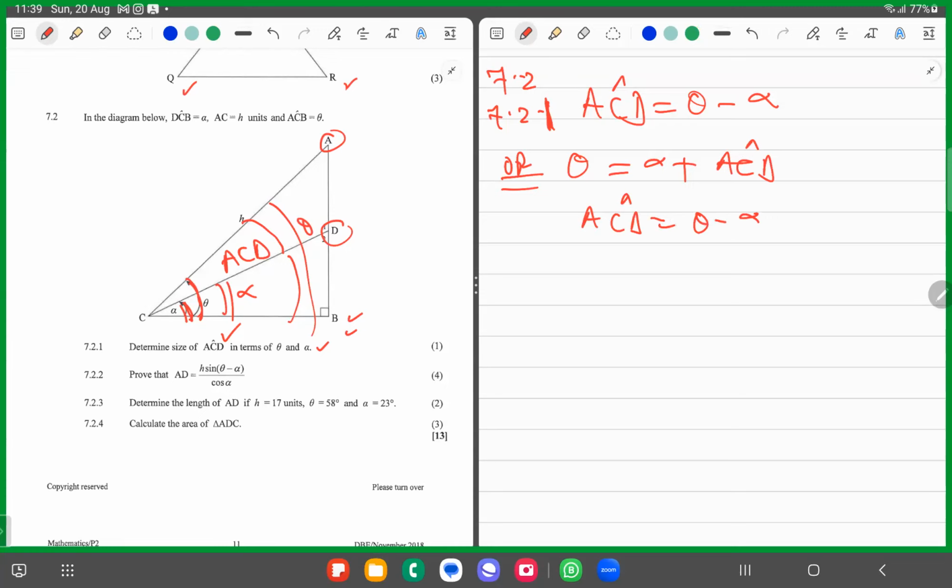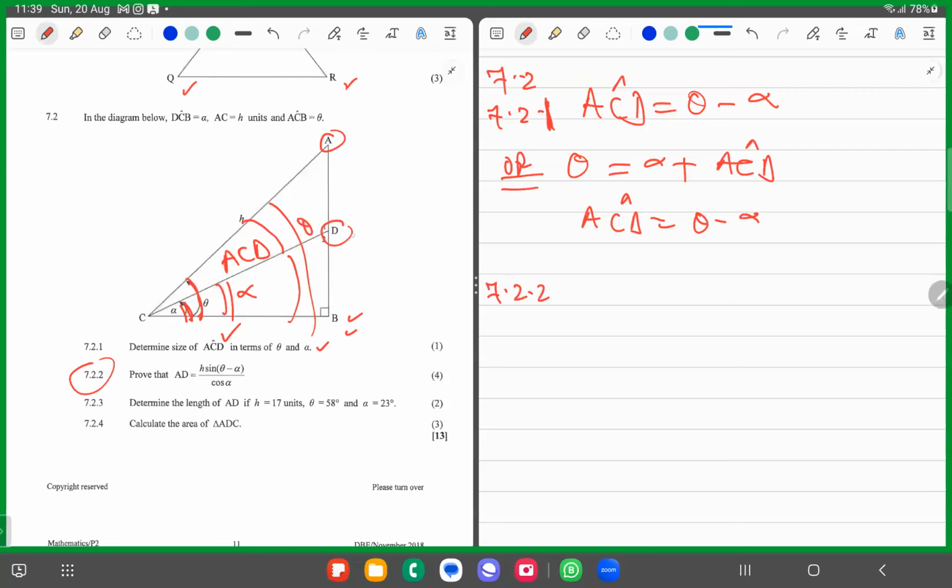Now, the next question is 7.2.2. You need to prove that you have that AD is exactly that one there. We continue. So we have 7.2.2.